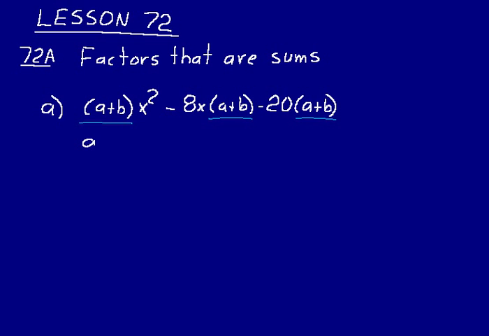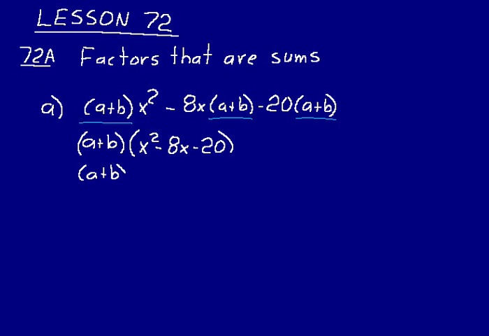So let's factor that out. A plus b, leave it in parentheses, and then we'll be left with x squared minus 8x minus 20. Okay, now let's factor that trinomial into two binomials.